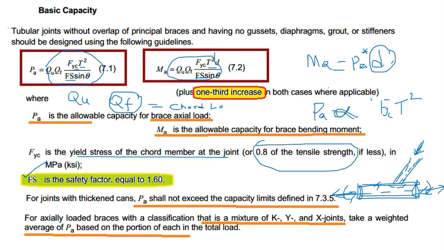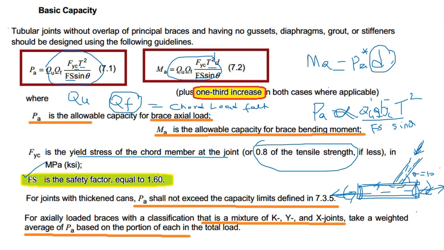These parametric empirical values we can see in the next slides. So it is directly proportional to QF and QU, and inversely proportional to FS, the factor of safety, times sine theta. Suppose my theta is 30, what would happen?